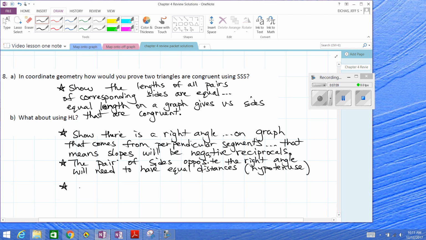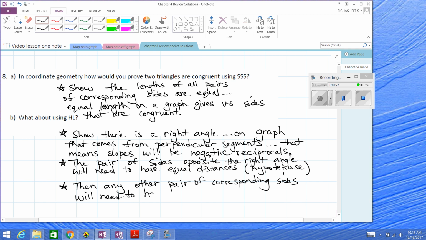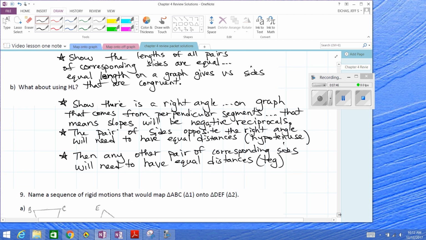And then third, any other pair of corresponding sides will need to have equal distances for the leg requirement. So that's how we would do hypotenuse leg. So you have to calculate basically 2 slopes and 4 distances. That'll take care of it for you.